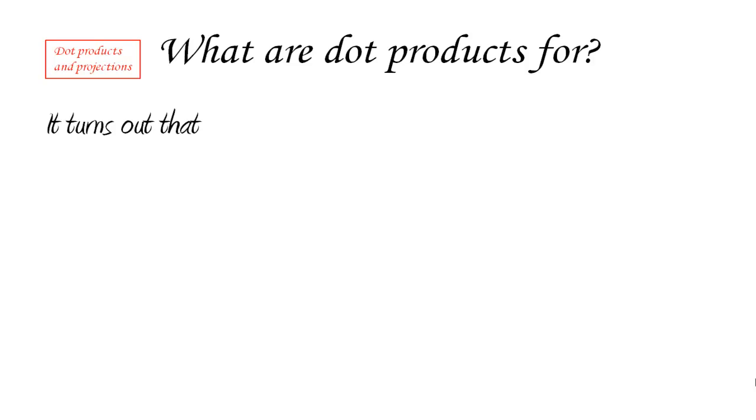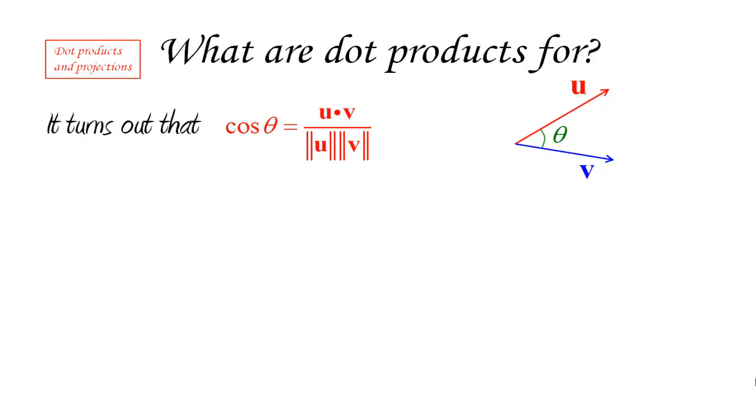First of all, it turns out, and this is something for which I'm going to refer you to the textbook, which has a fairly complete description of the proof of this fact, and it's fairly simple. It's probably easier to follow than me doing it here. But it turns out that if I have two vectors u and v, and I look at the angle formed between the two of them, then the cosine of that angle is equal to the dot product of those two vectors divided by the product of their lengths.